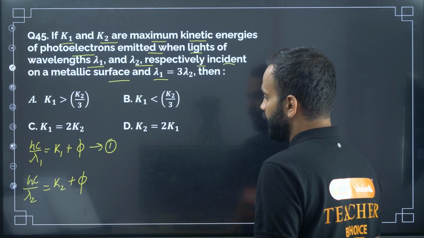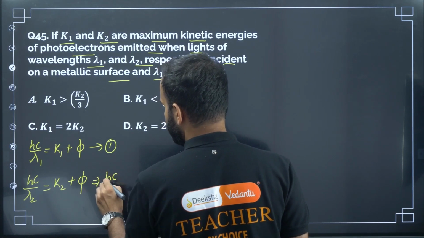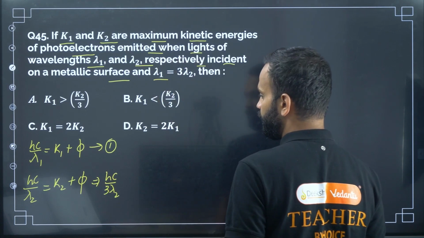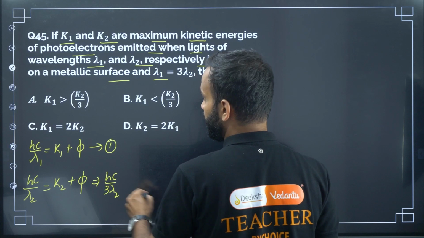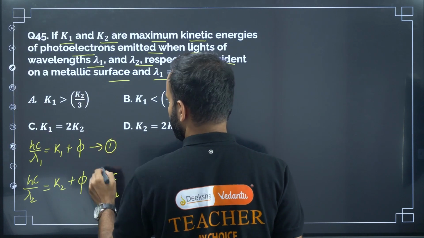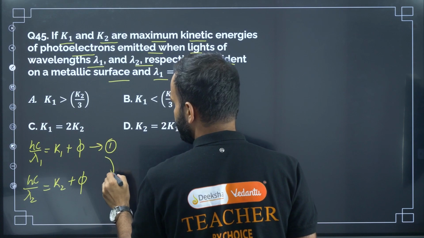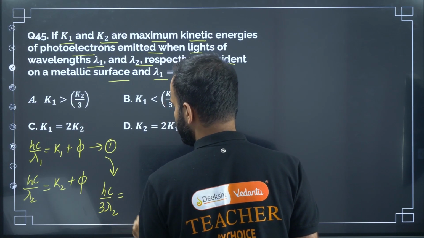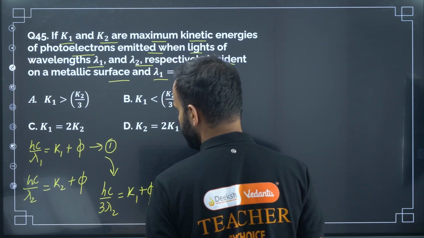Now lambda 1 equal to 3 lambda 2. I can rewrite the first equation as Hc by 3 lambda 2 is equal to K1 plus phi.